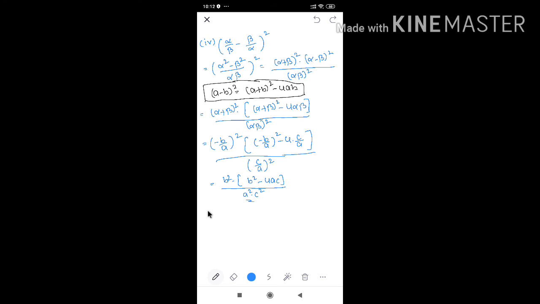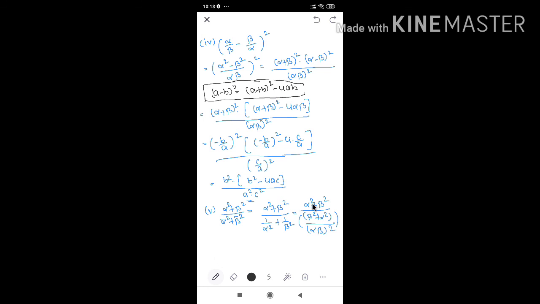And coming to the fifth one, alpha square plus beta square by alpha power minus 2 plus beta power minus 2, that is equal to alpha square plus beta square by alpha power minus 2, I am writing it as 1 by alpha square, beta power minus 2, I am writing it as 1 by beta square, is equal to alpha square plus beta square, taking LCM, beta square plus alpha square by the denominator of the LCM, I am writing alpha beta whole square.